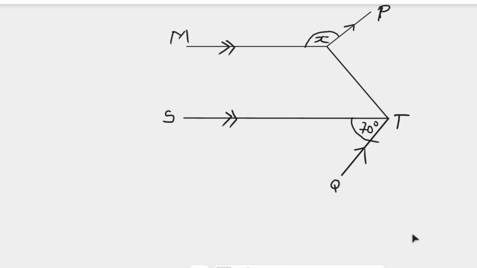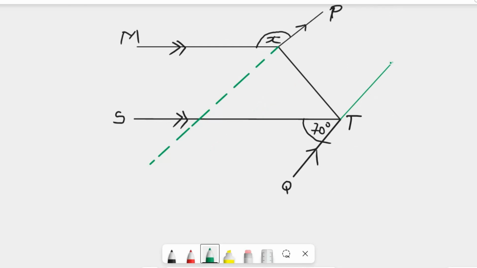Okay, so let's see what I'm going to do. I'm going to extend the parallel lines so that I can see the angle properties very well. So let me extend this first line. Also extend this one.